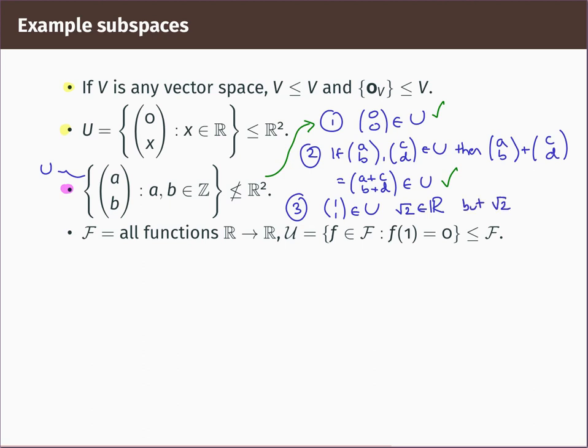But root 2 times (1, 1) is not an element of U. That tells us that this subset U is not a subspace. To be a subspace, you must satisfy all three conditions, and here one of the conditions wasn't true.